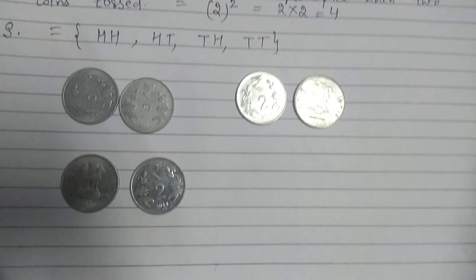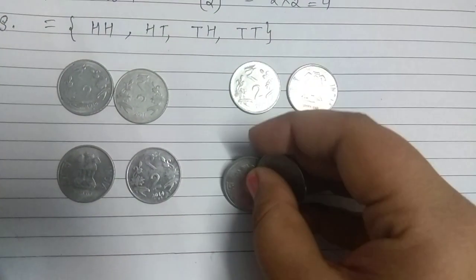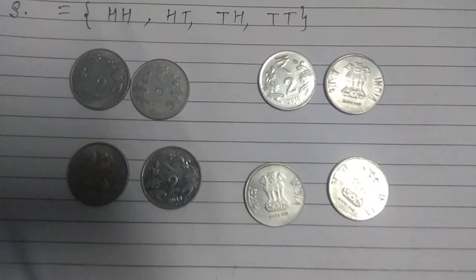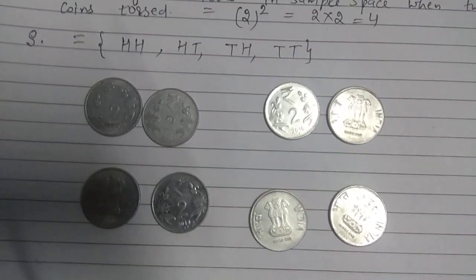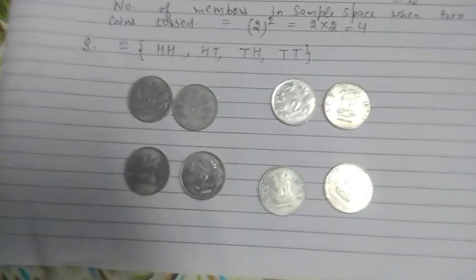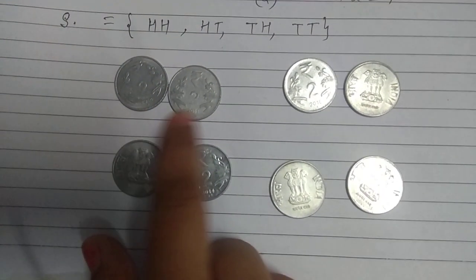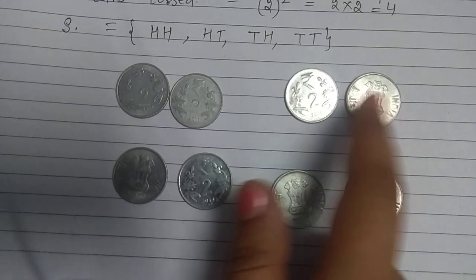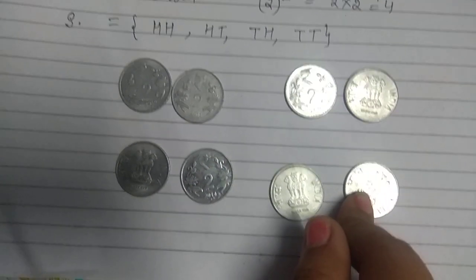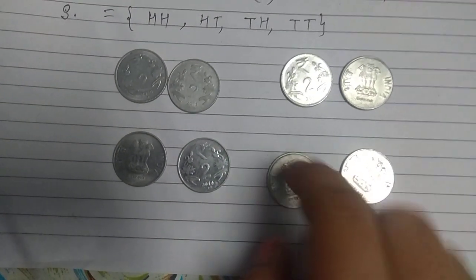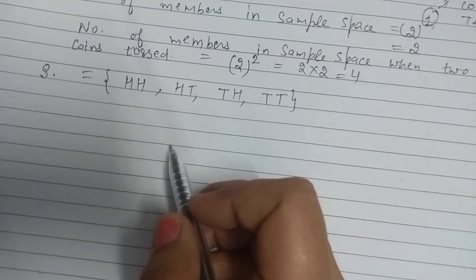Maybe both become tails, so that makes 4. Now see the coins. These are the sample space. So when we toss 2 coins together, we get head-head, head-tail, tail-head, tail-tail.